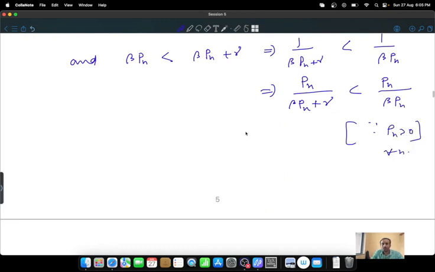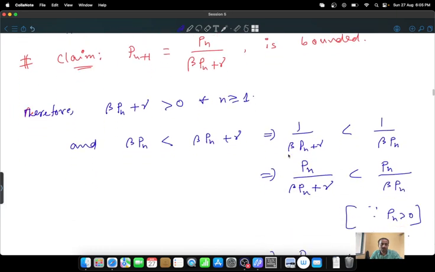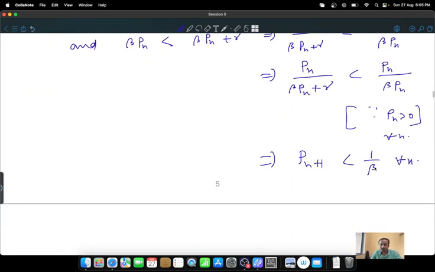Okay, so what is the term on the left hand side? That is basically P(n+1), and here Pn cancels out because it is positive, and you get that is less than 1 by beta, and this is true for all n. So basically what you have got is that P(n+1) is less than 1 by beta, and if you combine the first one with this, then you get 0 less than Pn less than 1 by beta for all n greater or equal to 1.